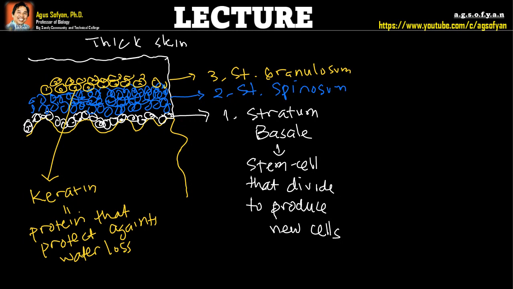Okay, so this is water resistant protein. It will be located in these cells, okay, in the form of granules. So that's the reason why that layer is called the stratum granulosum.